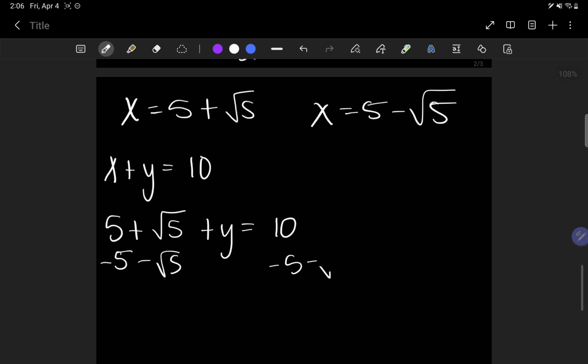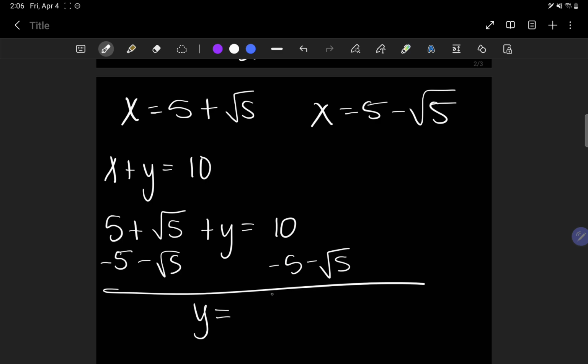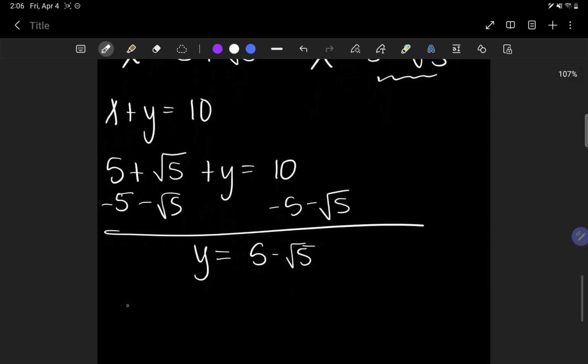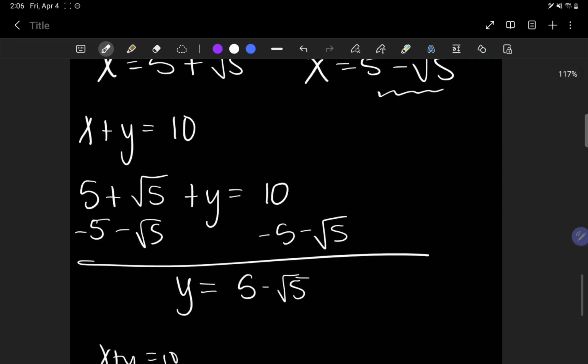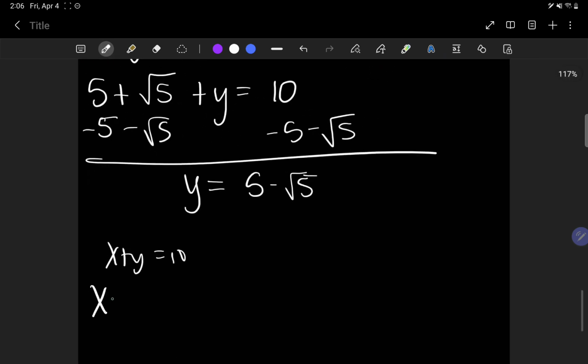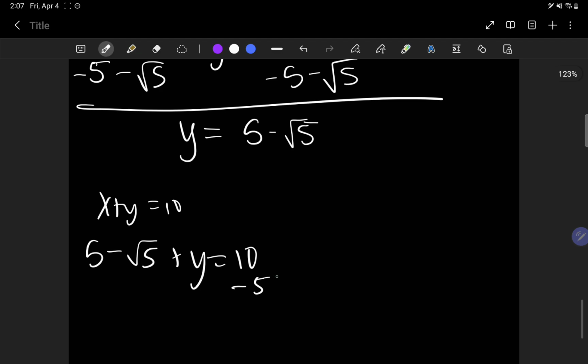So y equals 5 minus root 5, which happens to be this one. So then my guess is that if I do it the other way, I still have x plus y equals 10 and use this other one, so 5 minus root 5 plus y equals 10. I would subtract the 5 and add the root 5.